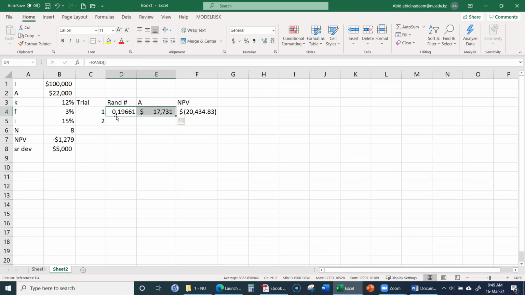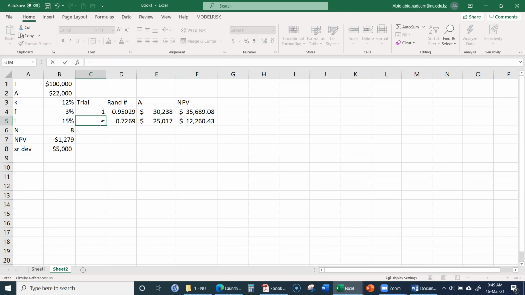So for example, now I can just copy it down, and the trials are like this plus 1. Okay, so it's for the trial, the number of trials.